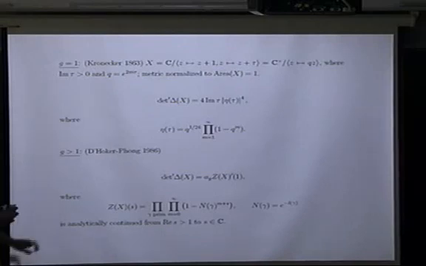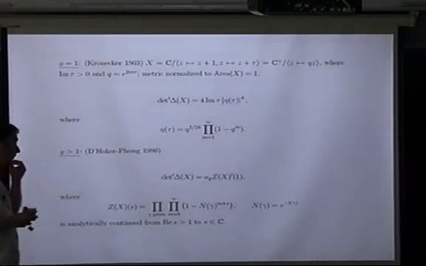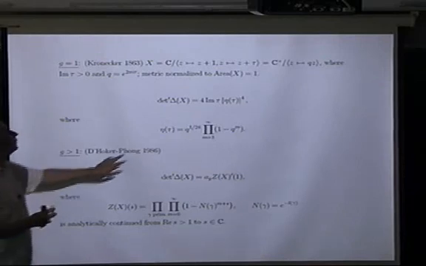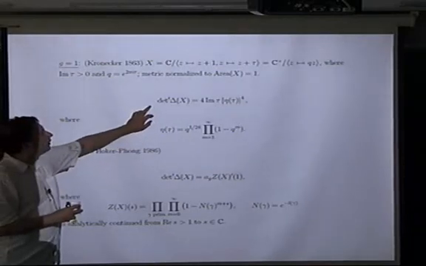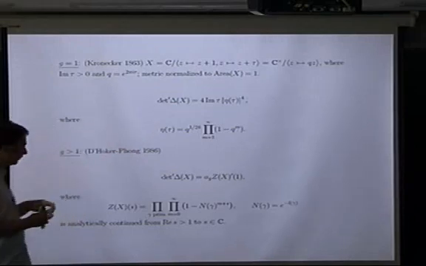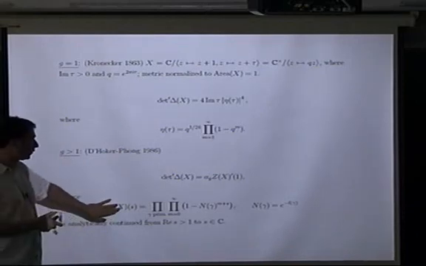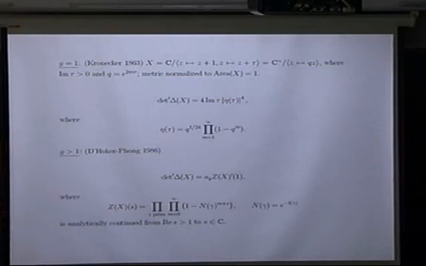So the result of D'Hoker and Phong in 1986 is that this determinant is actually given by a very similar product to the Dedekind function, which is the Selberg zeta function for this surface.